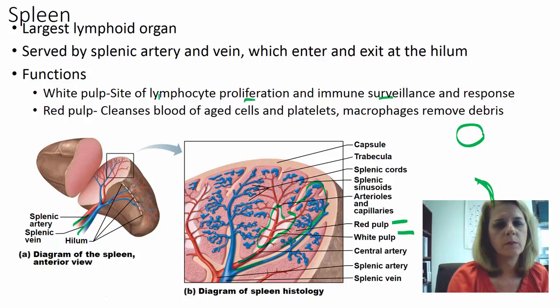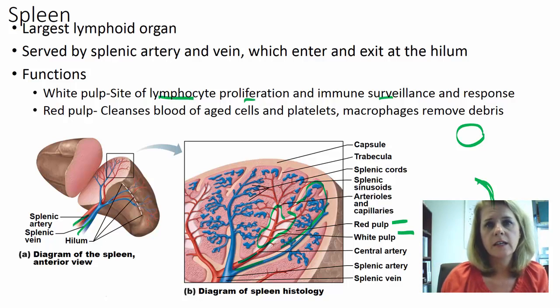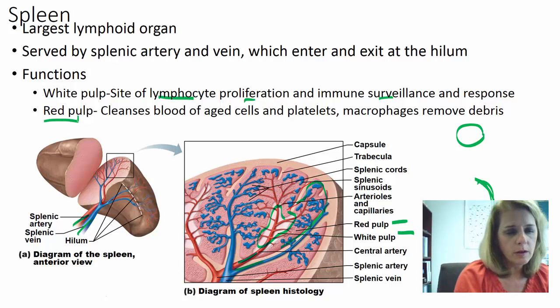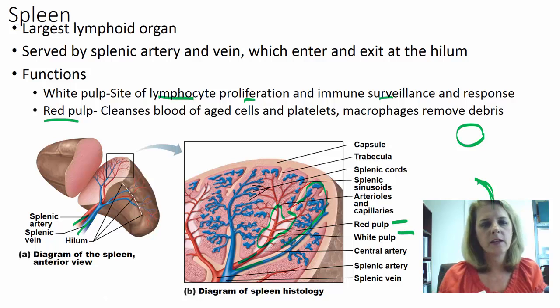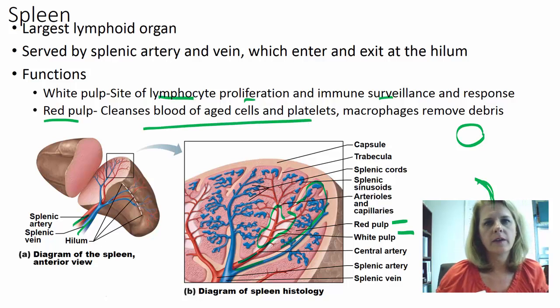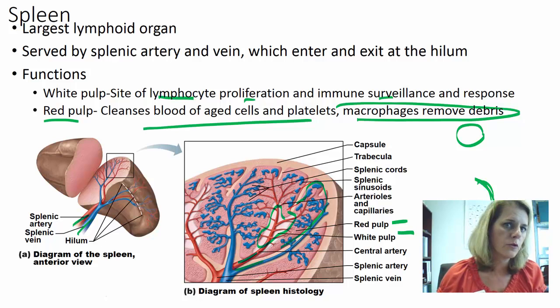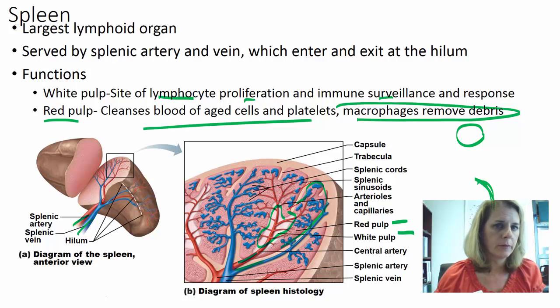So this is where we're proliferating our lymphocytes, and we're surveying for foreign antigens. In the red pulp, so think red blood cells, this is where we're getting rid of your old and spent red blood cells. You also have macrophages in this area so that they can remove any large debris. Okay, so red pulp and white pulp. So the white pulp is more the immune response. The red pulp is more for getting rid of debris like red blood cells.